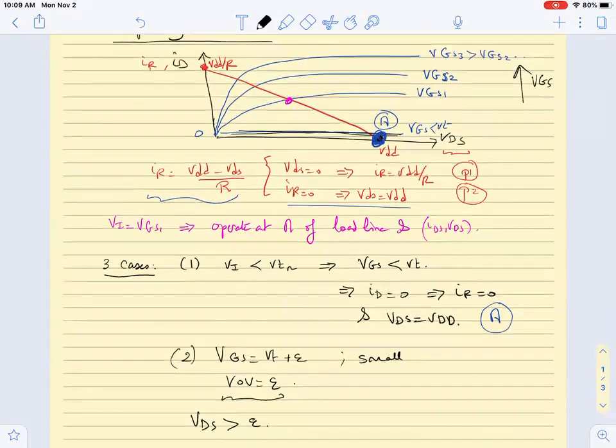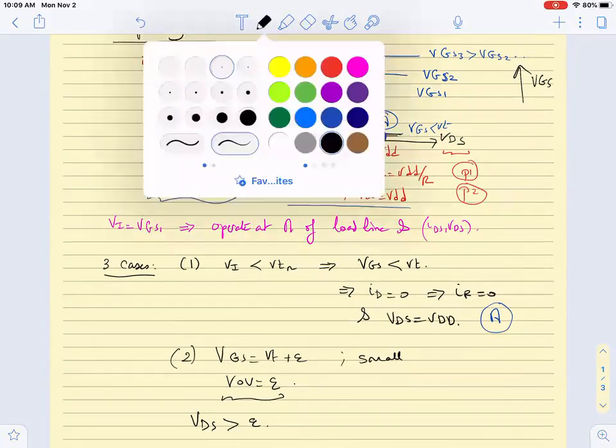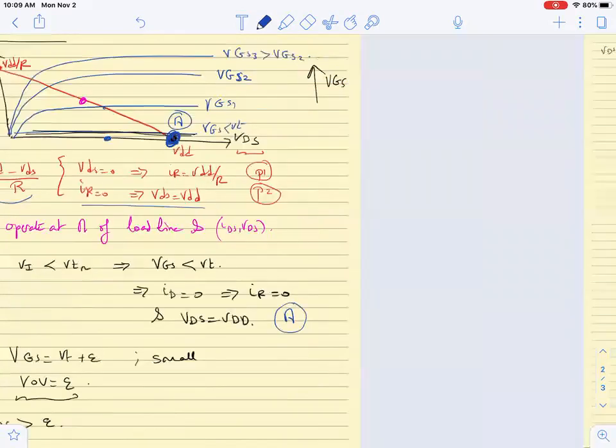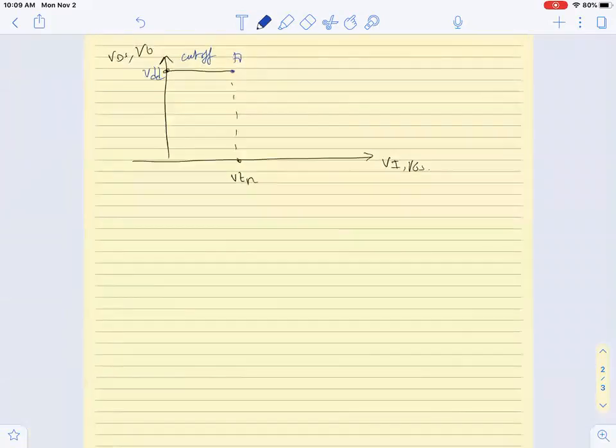This means in this scenario, if I want to draw the curve properly for low VGS, I would have saturation. My output is still close, my VDS is still high. The output starts to go down when I am at the point VTN plus epsilon.